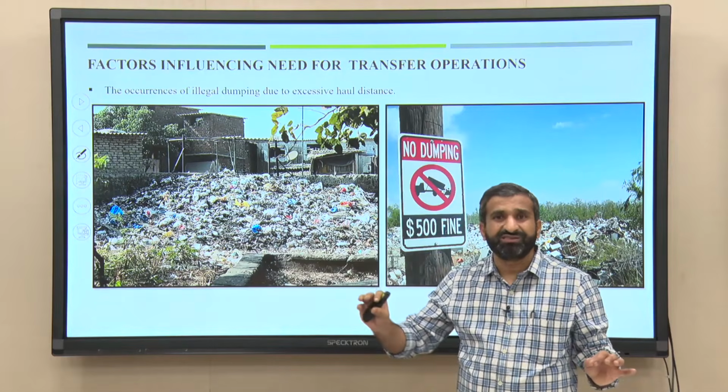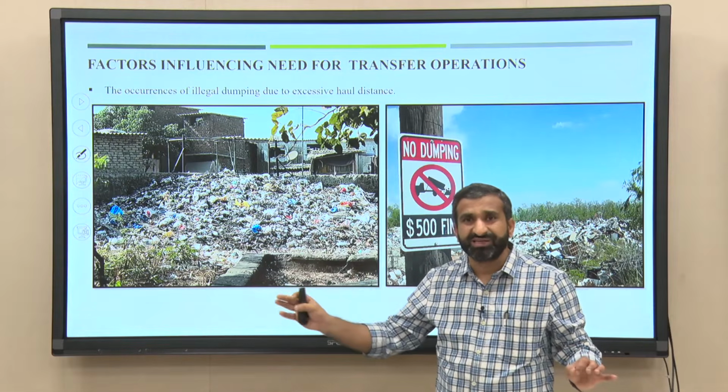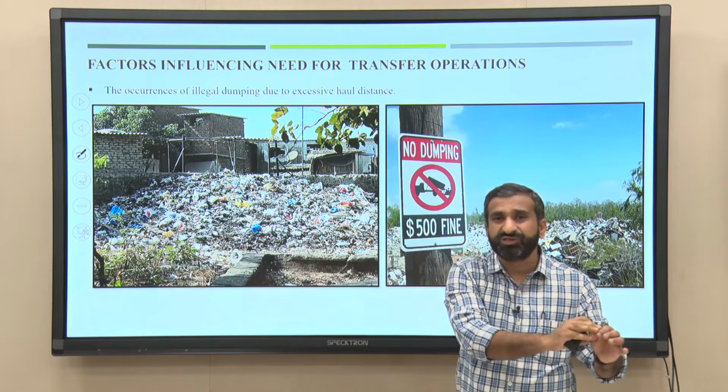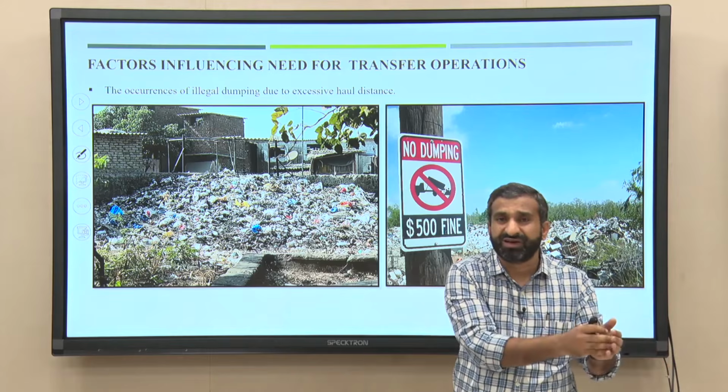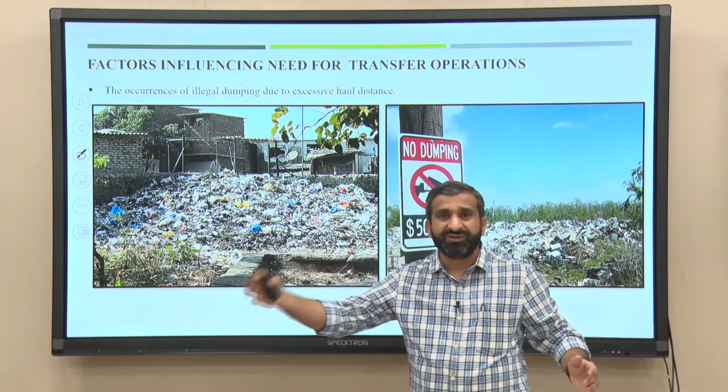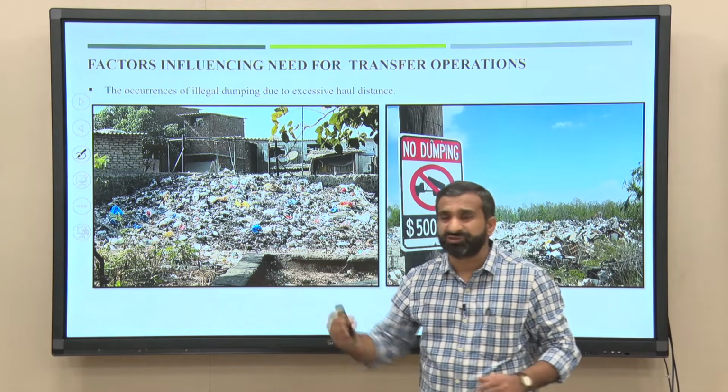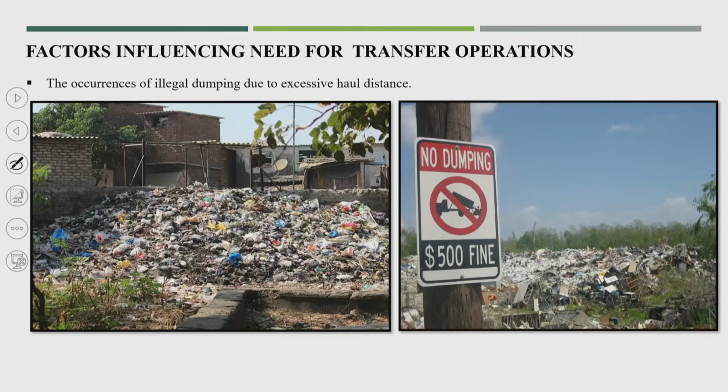So, what the local residents will do, rather than going to the disposal site 200 meters or 300 meters or 400 meters far away, is dispose of the waste wherever they find free space.